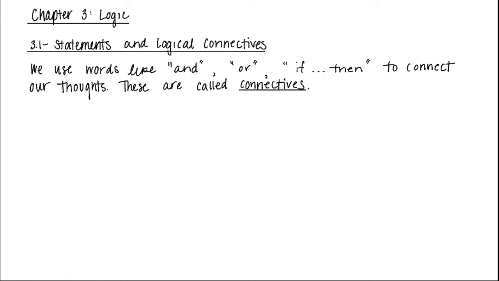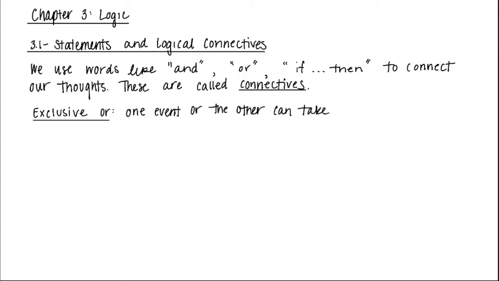Okay. Now with or, you technically have 2 different types of or. So I'm going to go over both of them, but we're going to consider only one when we say this word. So the exclusive or does what it says. If I say this or this, you can only pick one. So one event or the other can take place, but not both. And so I'm going to give you an example for both of these types of or.